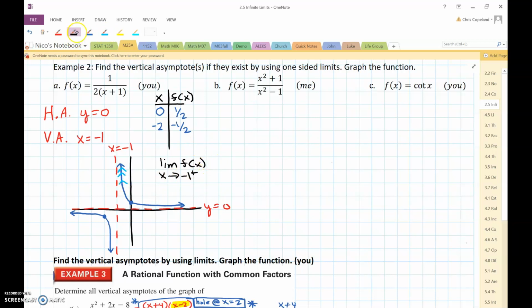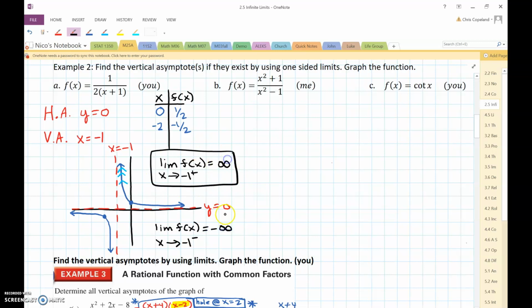That is equal to positive infinity. Also, let's take the limit of f of x as x approaches -1 from the left. That's going to equal -infinity.